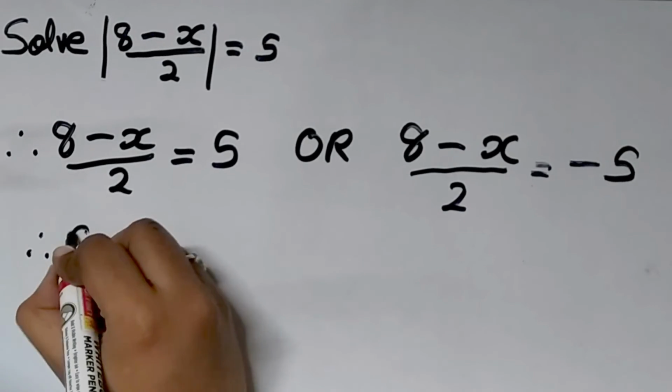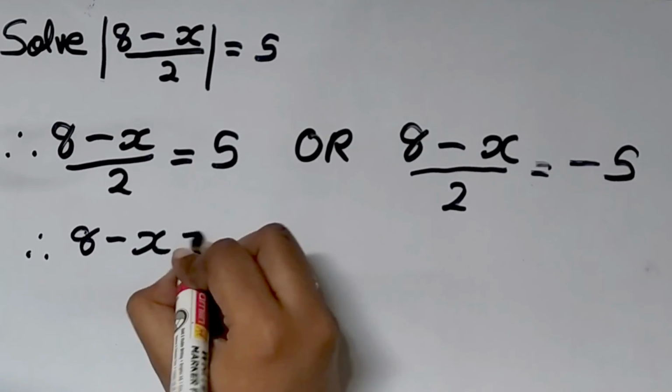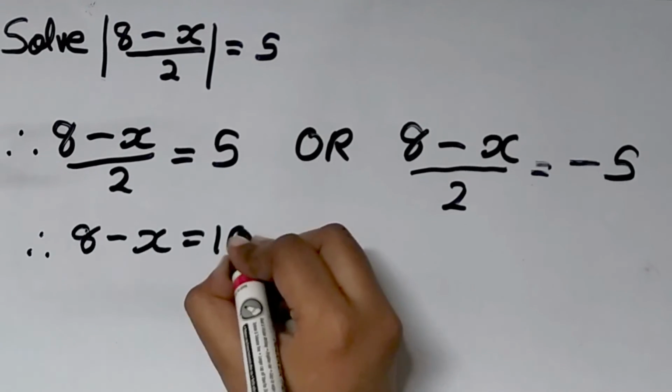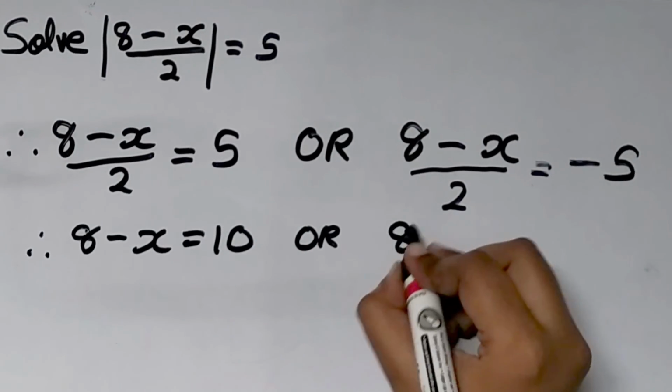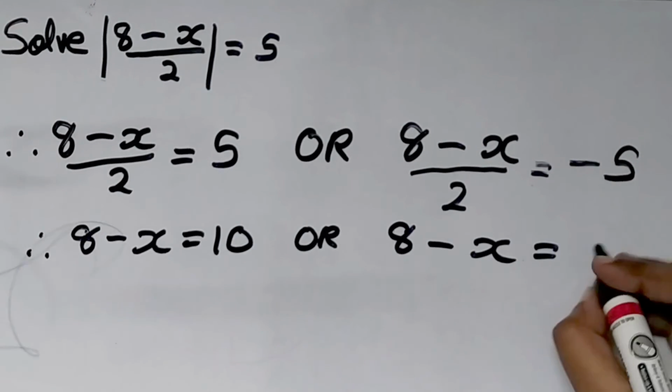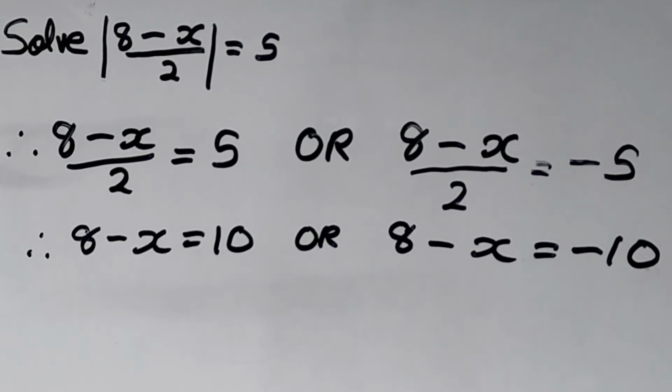Therefore 8 - x = 10, taking the 2 to the other side, or 8 - x = -5 into 2, which is -10.